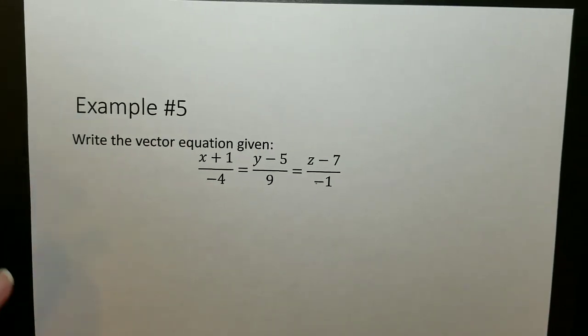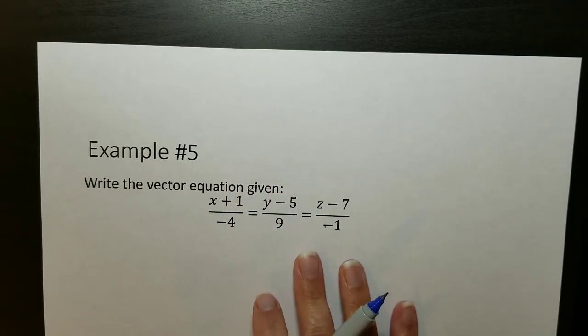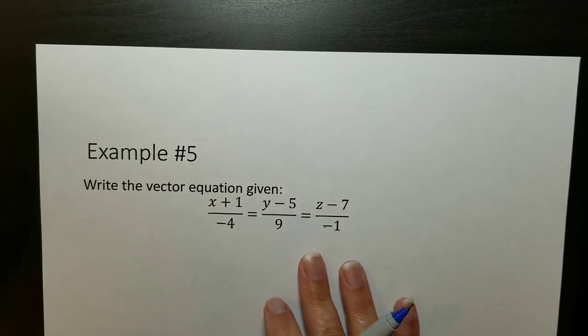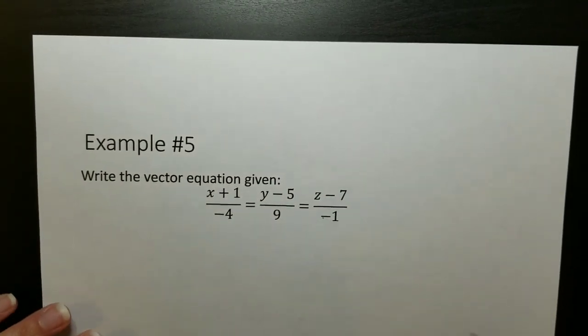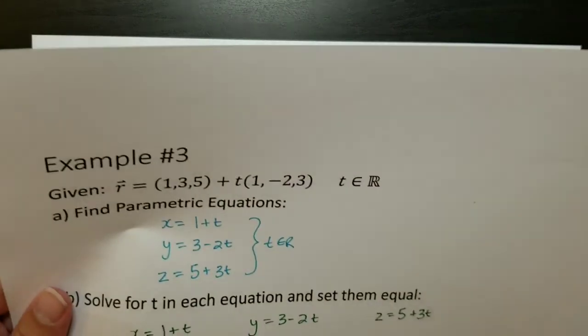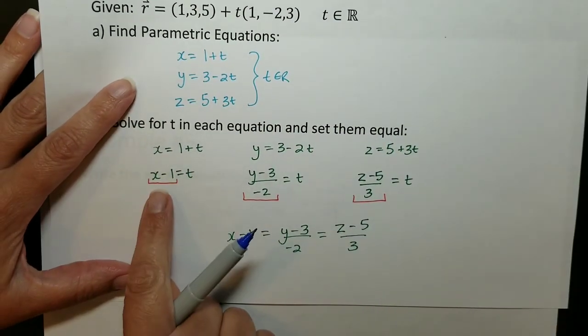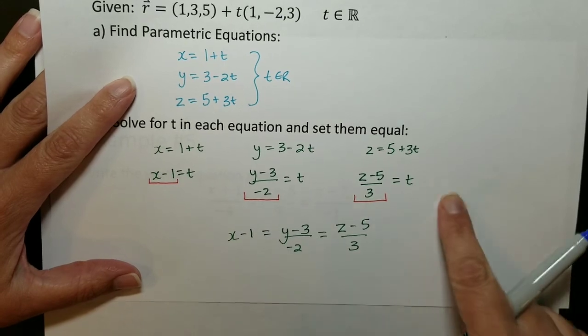This is the opposite, last example here, and here we're asked to get from the symmetric equations back to the vector. And again, I use the parametric as a middle ground. So remember, when I had solved here for t equals and then set them all equal, we're going to go backwards.